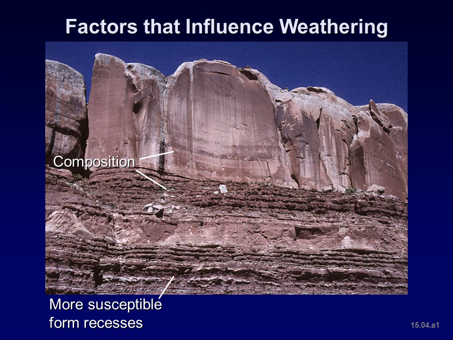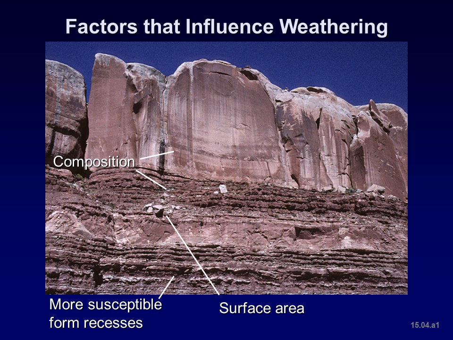If it's a soft rock, then it's more susceptible to forming recesses. If it's a harder rock, meaning it has been better cemented, it has stronger minerals holding it together, then it's more likely to form cliffs.